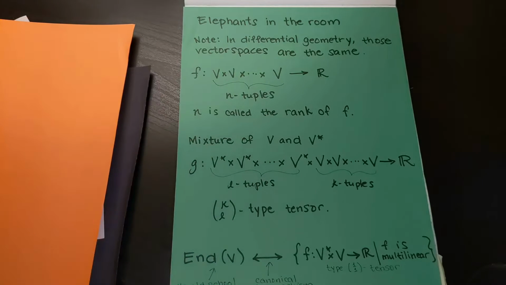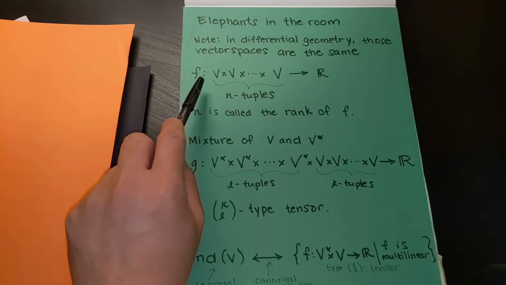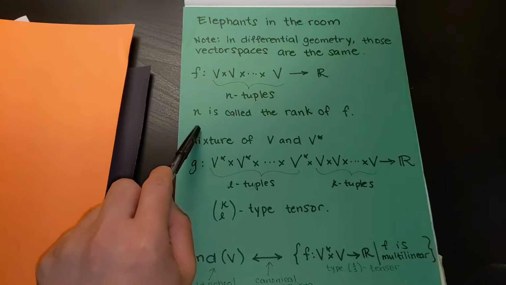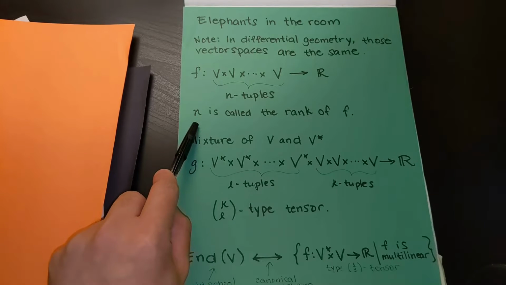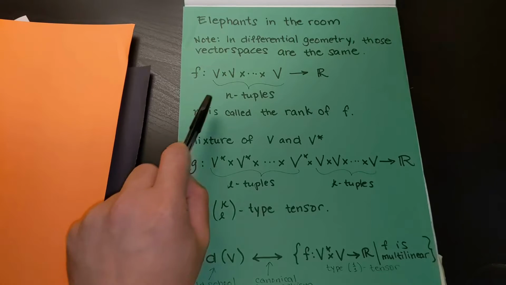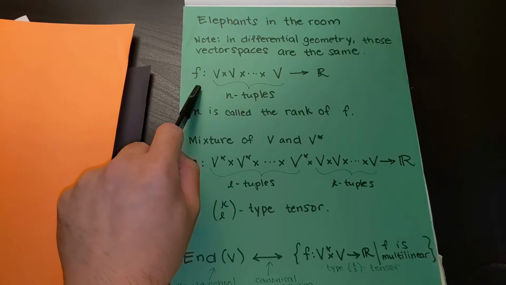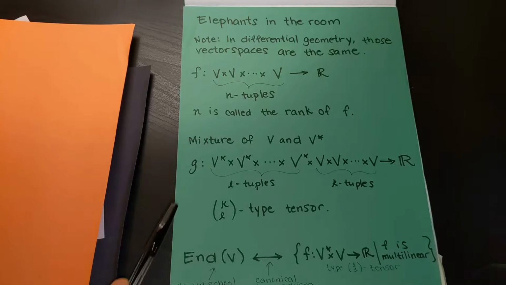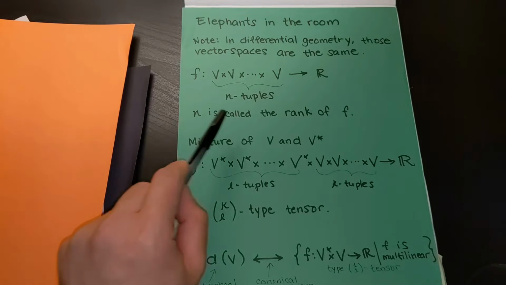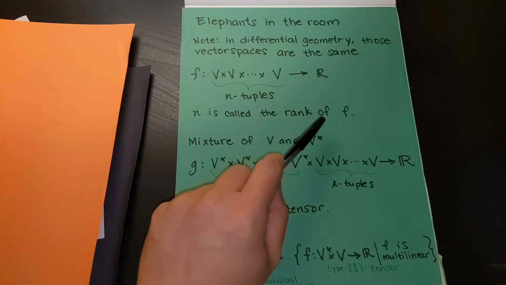Okay, so they have the same dimension. If a tensor takes n ordered vectors from the same vector space, we call n the rank of f. So f is an n tensor.